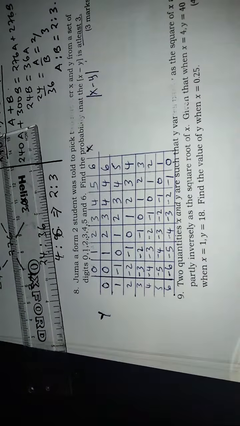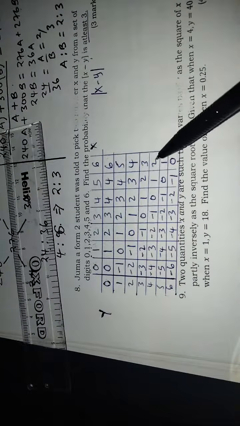Now we are finding the probability that the absolute difference, when you are told x minus y like this, means the absolute difference, whether 3 or a -3. So we want it's at least 3. So 3 and above.